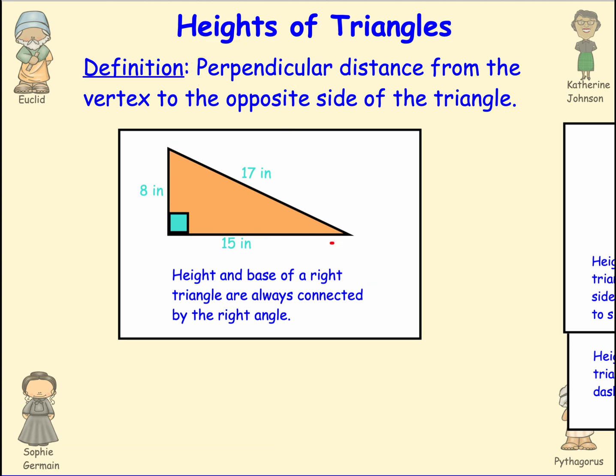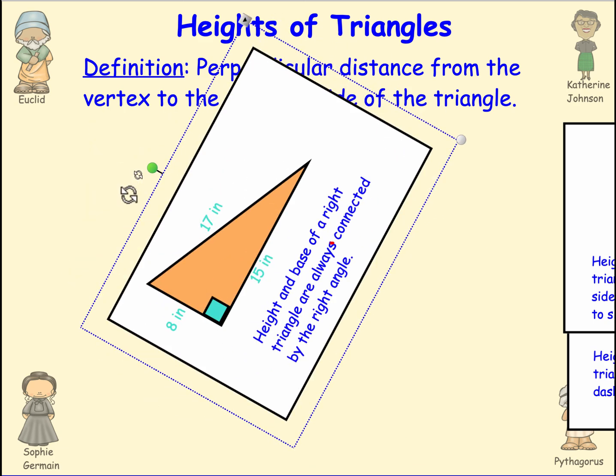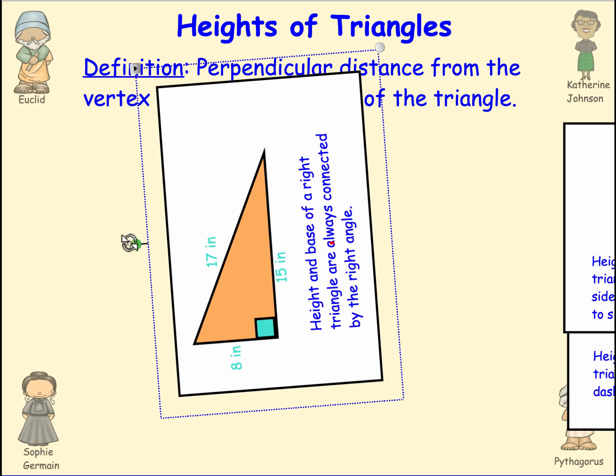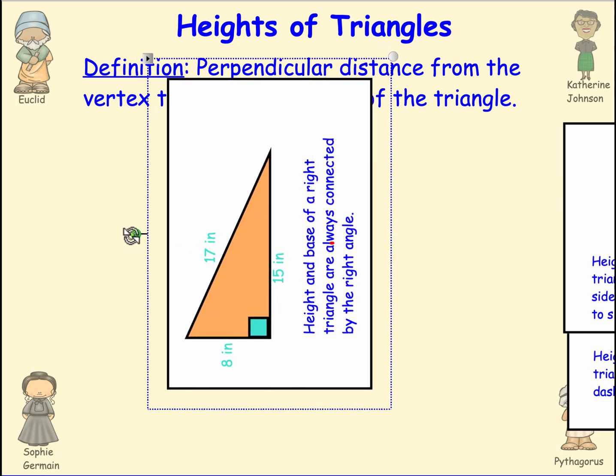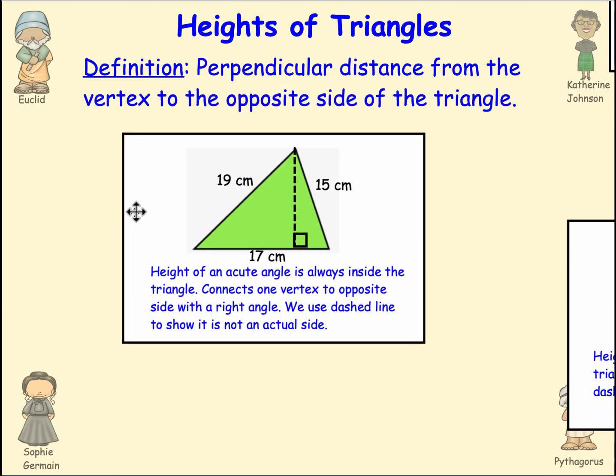So for example, if we rotated this and moved it so it was like this, I could say that this is now my base and this one is now my height. When I'm looking at an acute angle, it's always going to be on the inside of the triangle.